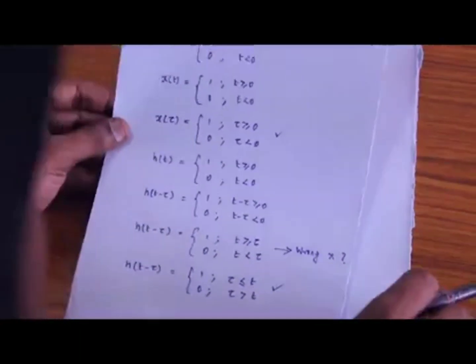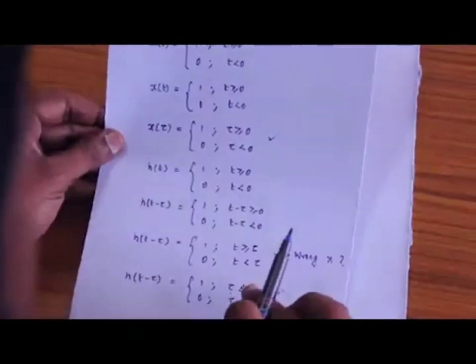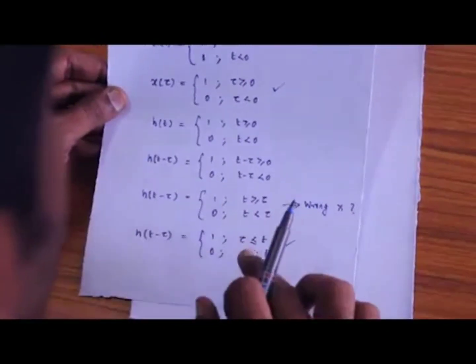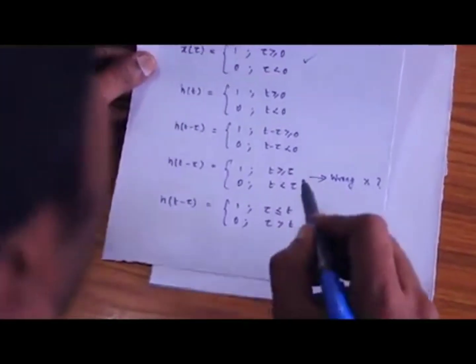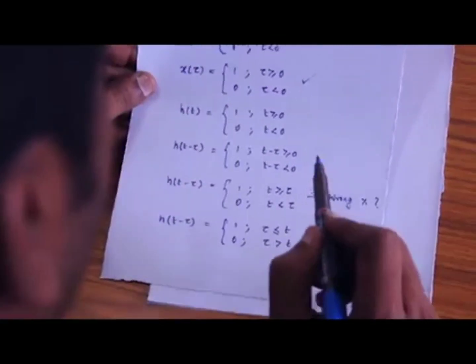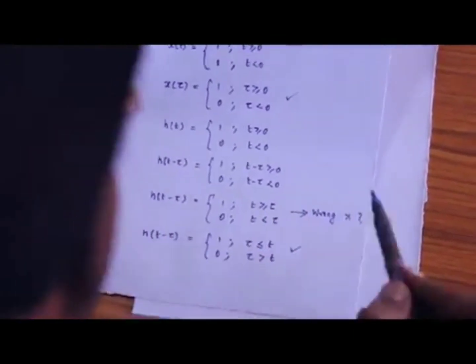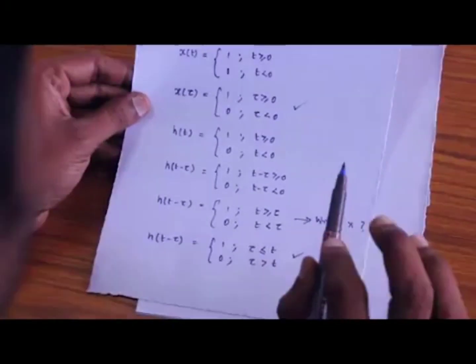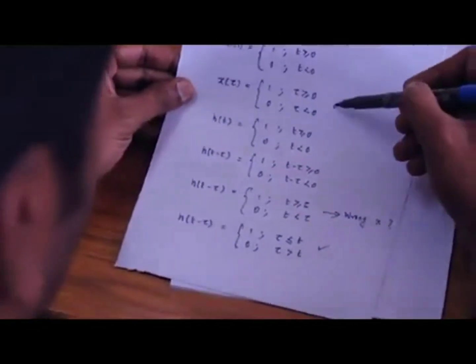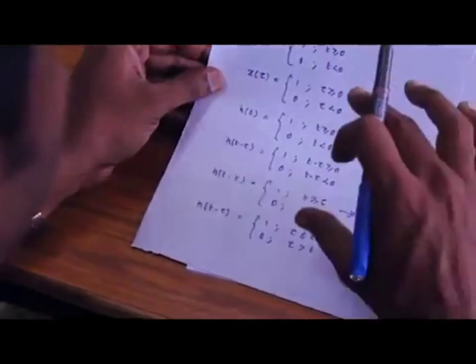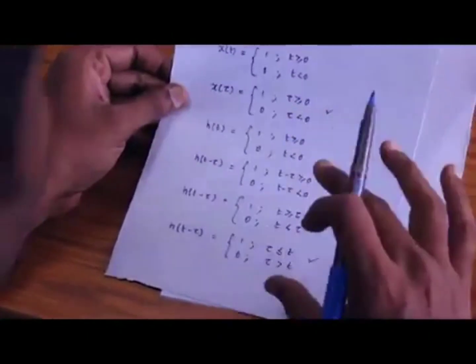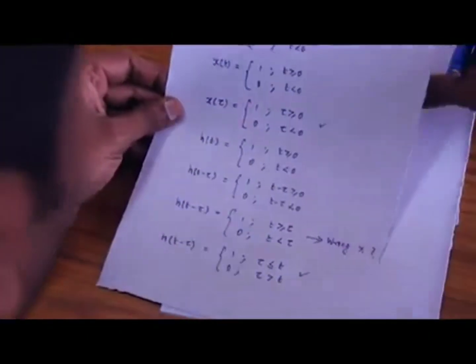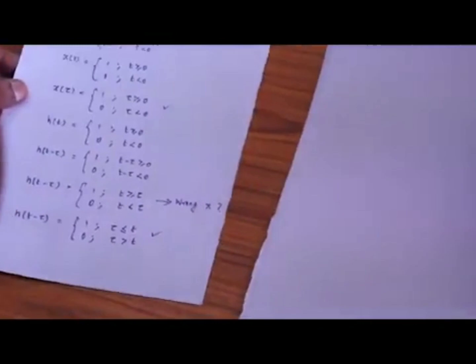Here the function is with respect to tau and t is a constant. It may be 0, or less than 0, or greater than 0. After writing x of tau and h of t minus tau, please check whether you have written correctly or not. That is more important. Once it is correct, then we can go for the actual mathematical computation.